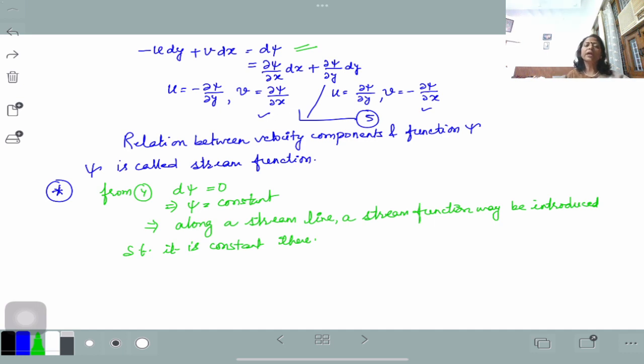So this psi is called the stream function as it is introduced with the help of a streamline. We can also say in a converse way that if there is a line along which the stream function is constant, then that line is called a streamline.